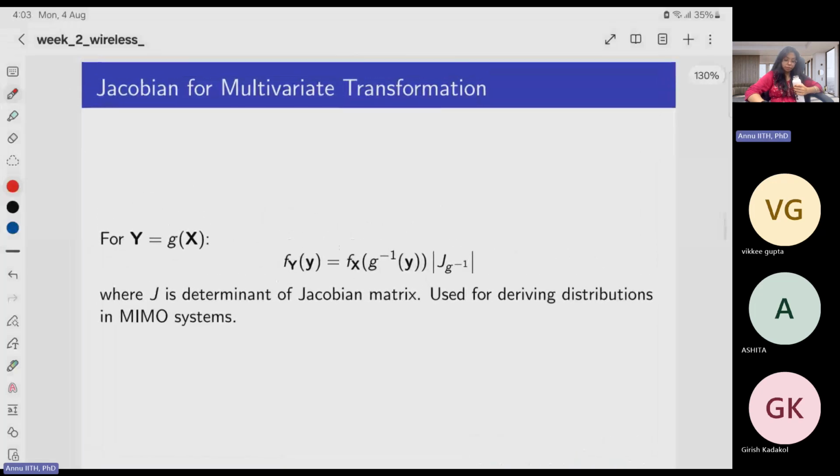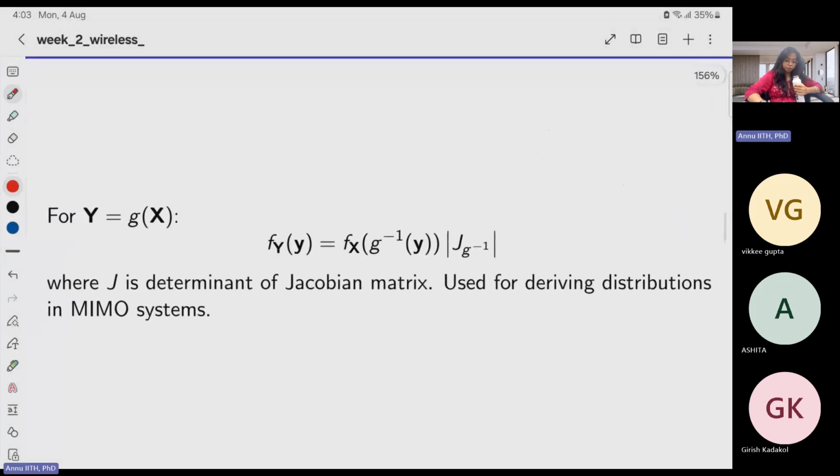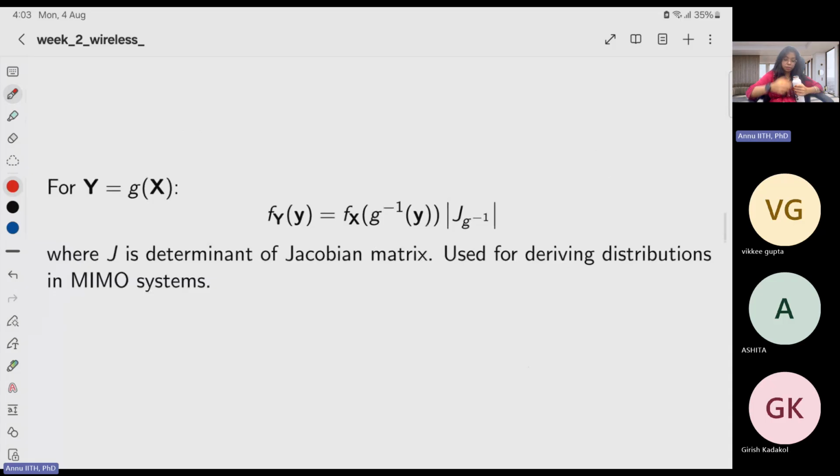Here you will have the Jacobian for a multivariate transformation. Suppose y is equal to g of x. If y is a function of x1, x2, ..., xn, then d of y with respect to x1, x2, ..., xn is called the Jacobian matrix.